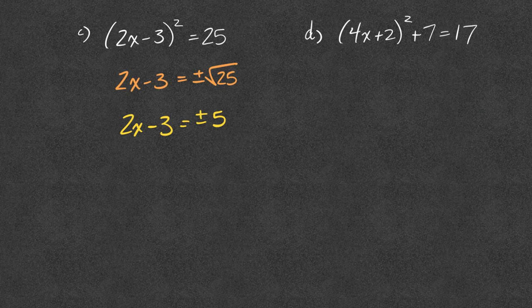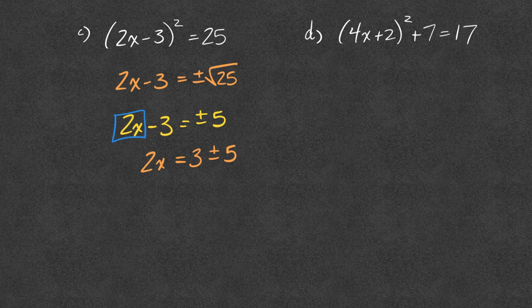I would maybe suggest the next line, though, and I'm going to put it in orange because I wouldn't have to see it. But my next line could start to look like this. To get my 2x all by itself, my variable term all by itself, I need to get rid of that minus 3. And to get rid of minus 3, I need to add 3.